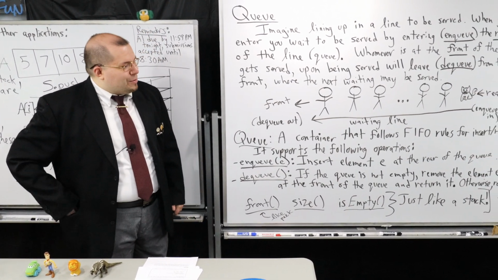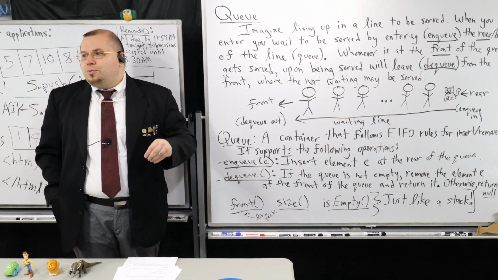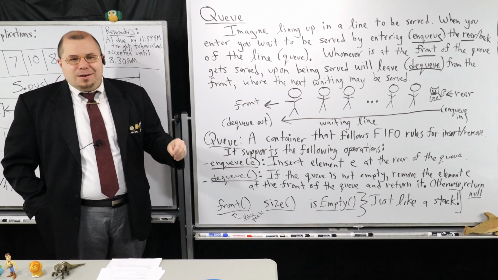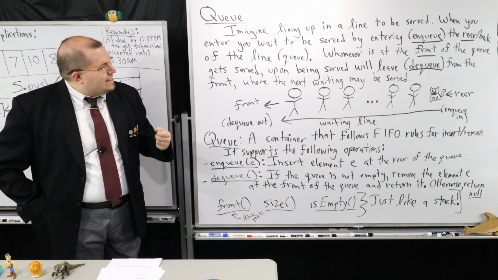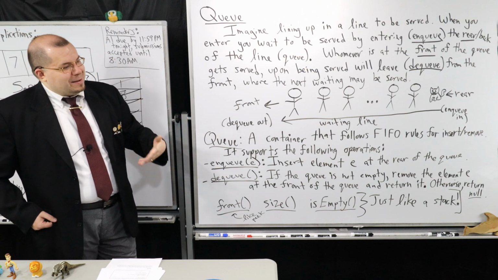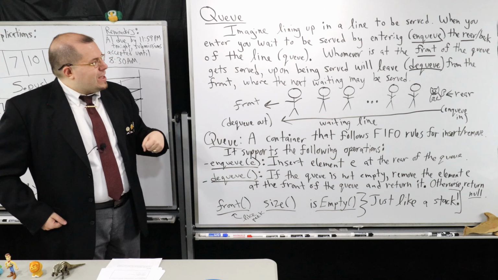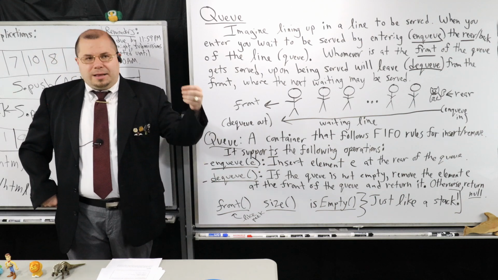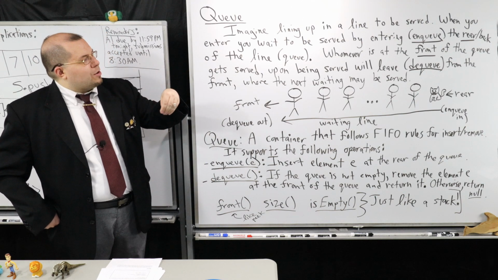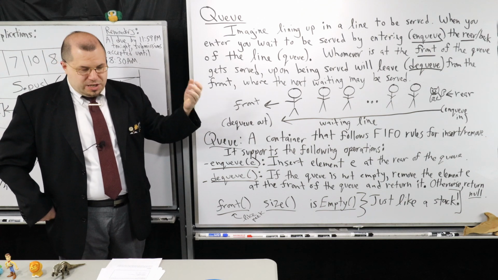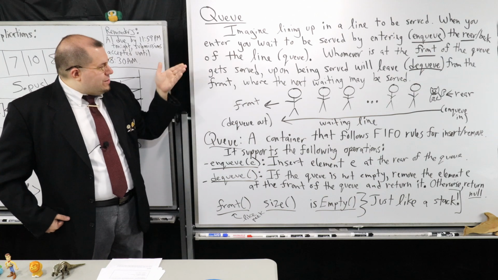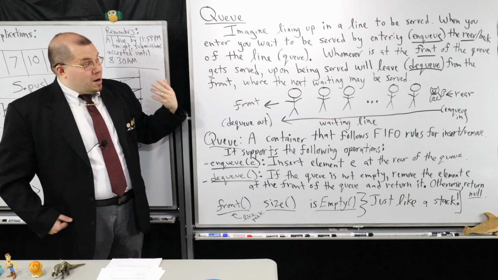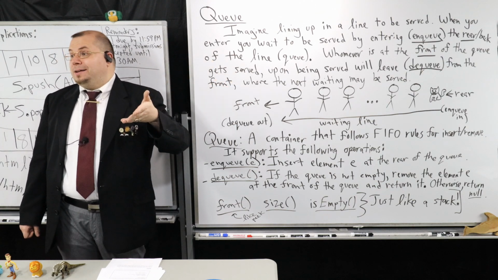That's a very common process. That's what a queue will be modeling: when you wait in line, you have to wait until it's your turn. So you have a waiting line, what we'd call a queue, and you get entered into the rear or back of the line, and whoever is at the front of the queue gets served. Upon being served, they can leave the line.